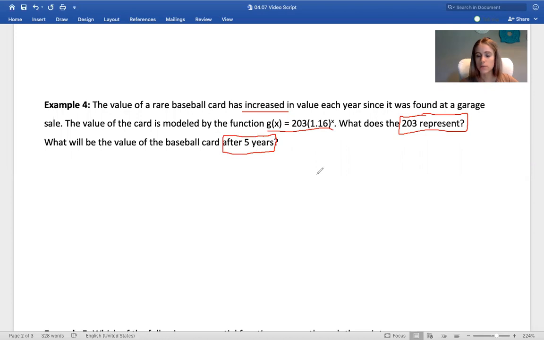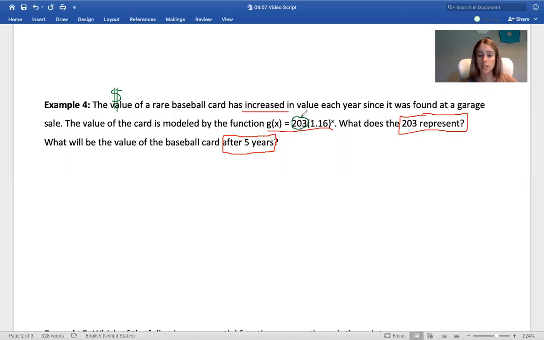All right, let's start off with what the 203 represents. Well, if I'm talking value and it's a baseball card, that must mean money. So therefore, 203, well, that's where my variable A would be, and A is the initial amount.